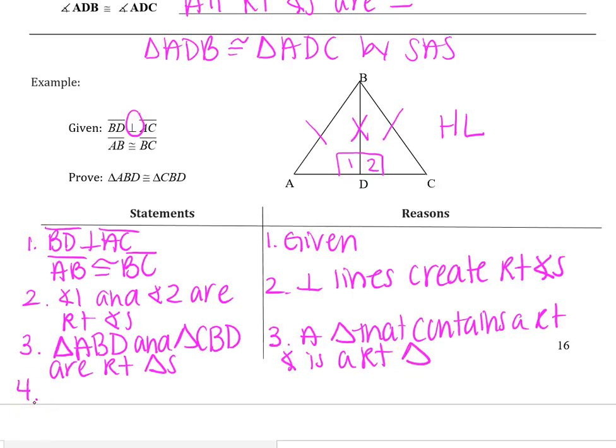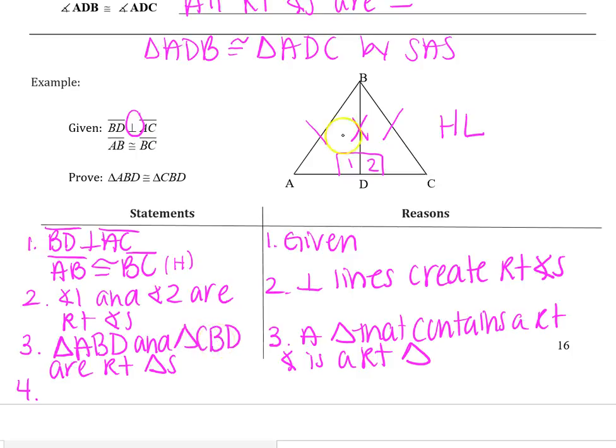Okay, so now that I have that, keep in mind that AB and BC, those were the hypotenuses. I don't know if that's a plural word. The hypotenuse in each triangle is marked. And then 1 and 2, I got this. I have the right triangles.